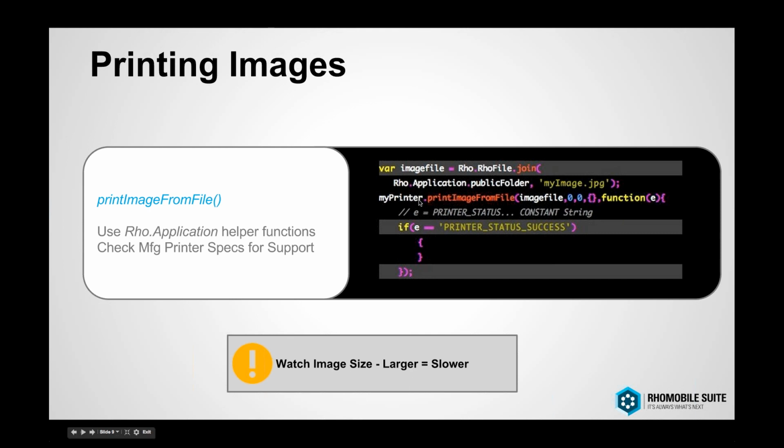Okay, so again, my printer is an instance object of RhoPrinter, and now I have this method print image from file, include the path to the image, and then there are some other parameters that I'm not using in this example to select a section of the image or to crop an area. You'll notice with all of these, they're done asynchronously. So there's a callback, and it'll indicate if it's success or not, if it was able to print it or not. So you might want to get into the habit of utilizing the callback on these commands so you can react properly in your application.